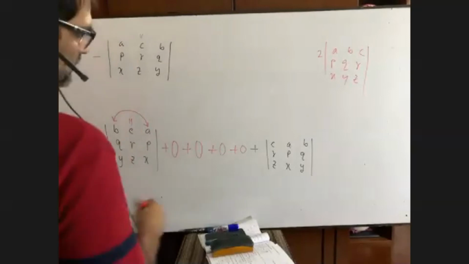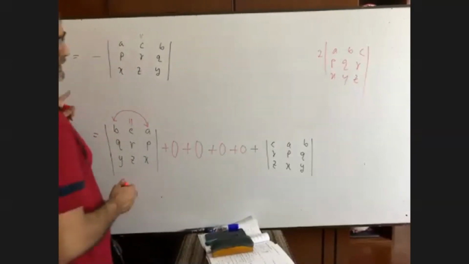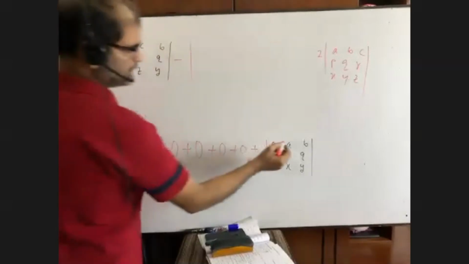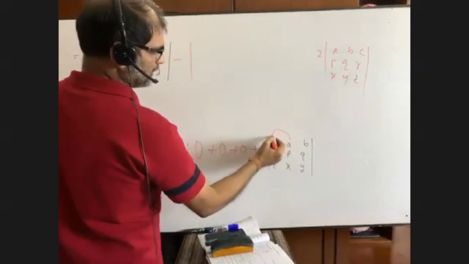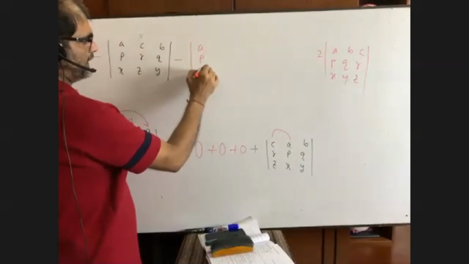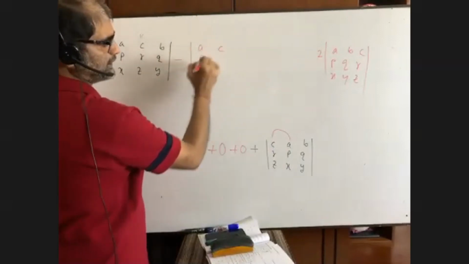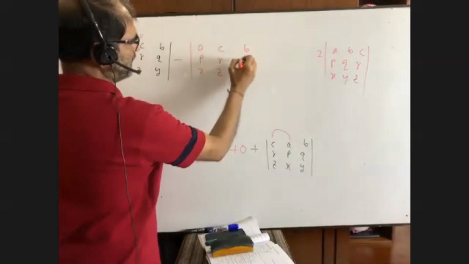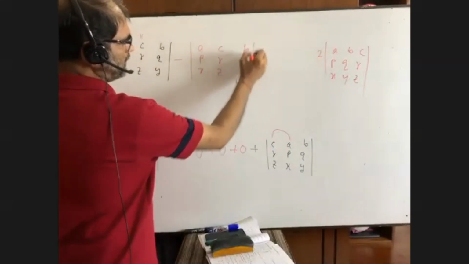Okay, you see, same thing for the last one. This is minus. You see, this and this you can exchange. So A, P, X, C, R, Z, it is B, Q, Y.